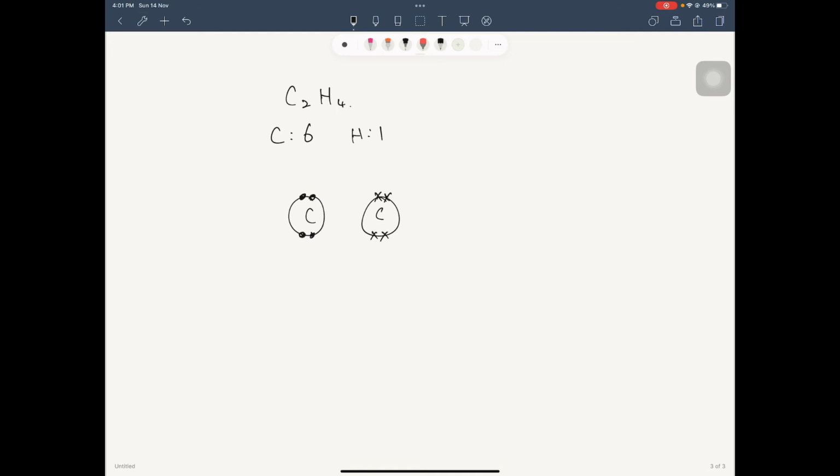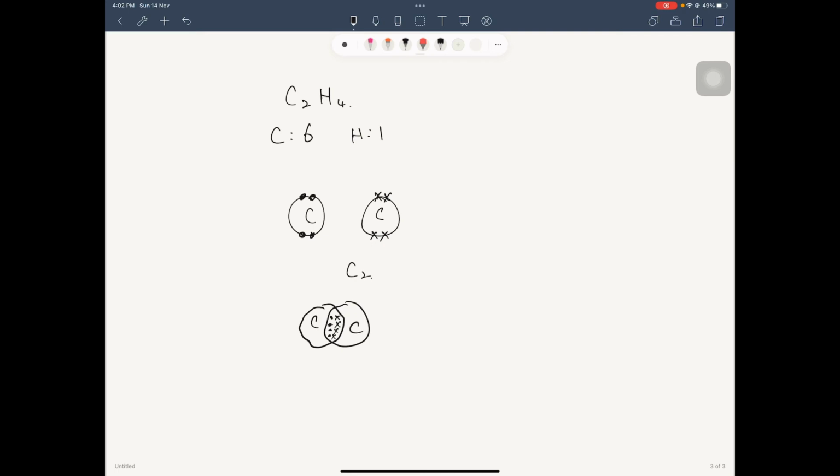So we can see that to achieve stability, it should share some electrons, right? Well, there are a few ways to do it. I could share 4 electrons from each of the carbons so that I have a C2. However, if I were to do that, I would have something like this: 1, 2, 3, 4, 5, 6, 7, 8.